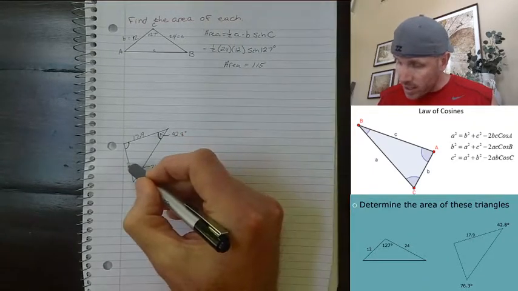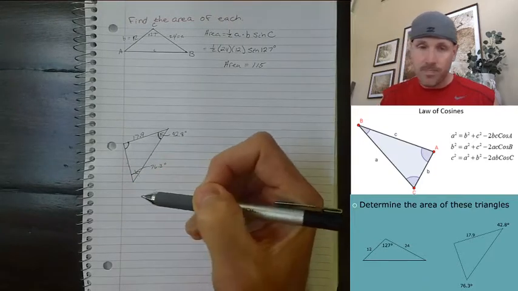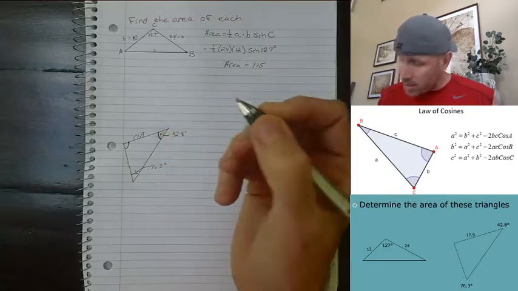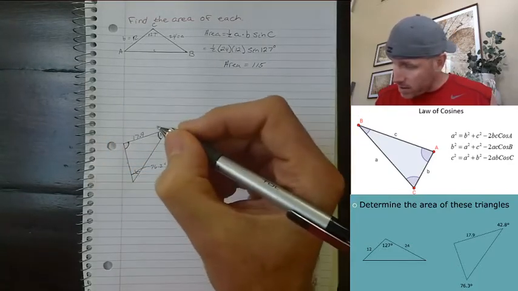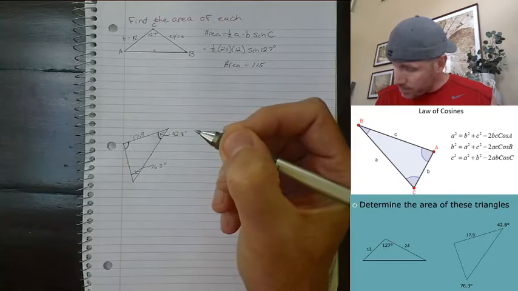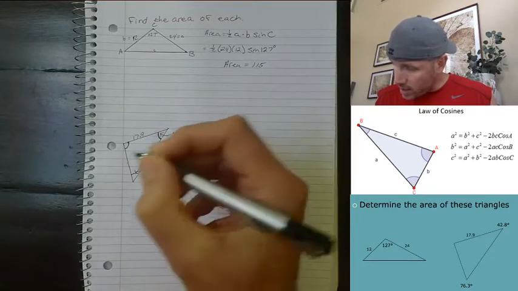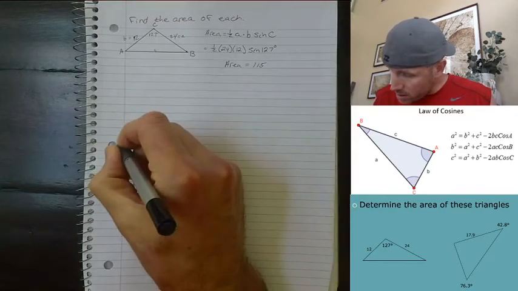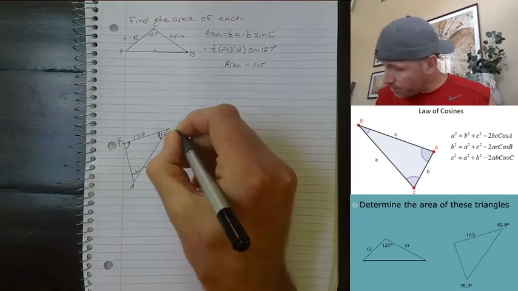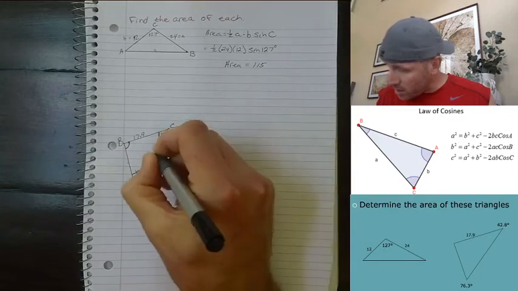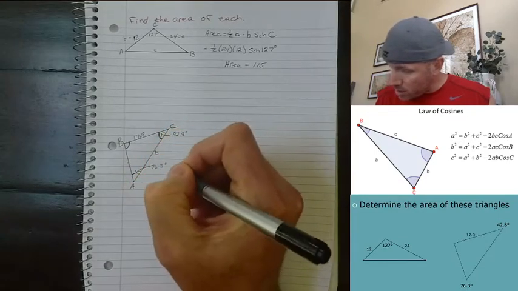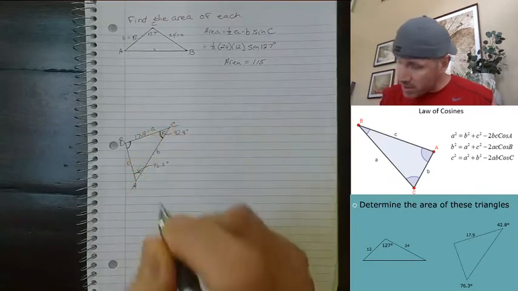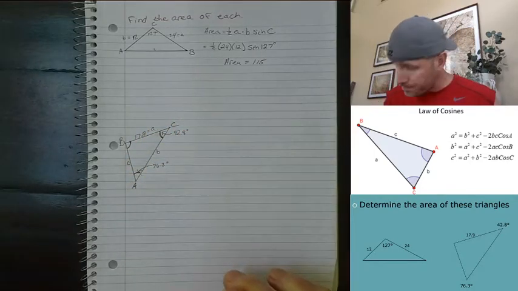If we do this side, then we have to figure out what this angle is, which is actually pretty easy to do. But let's go ahead and label it first to make life a little easier. We'll say that this is A. We'll call this B and this C, making this side B, this side C, and this one is A, which we already have a value for.